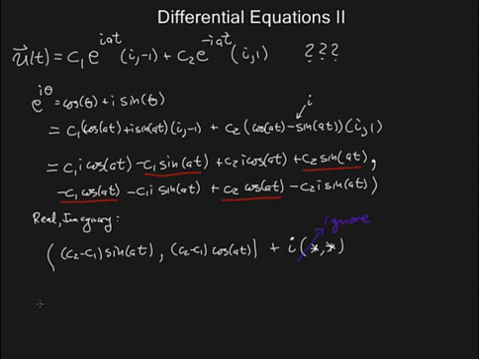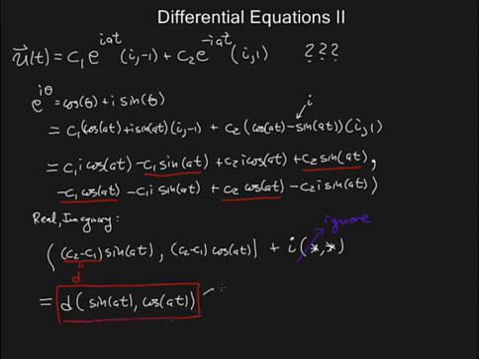And if you look at just the real part, what you get is this constant C2 minus C1, which I don't care what it is, so I'll rename it D. You get D times (sine, cosine). That's the real part of this thing.